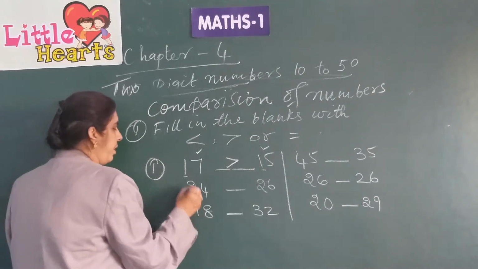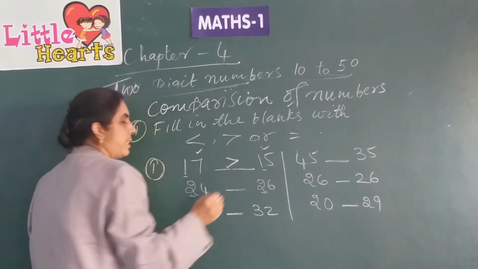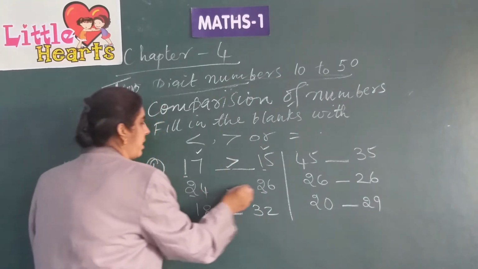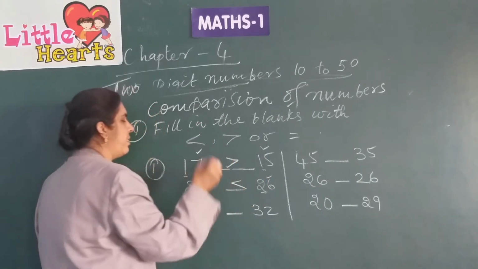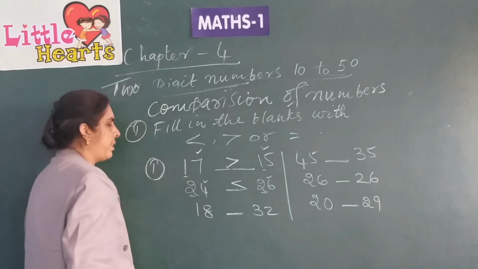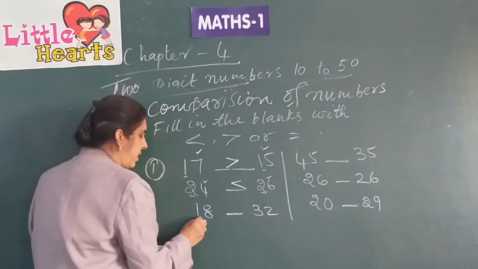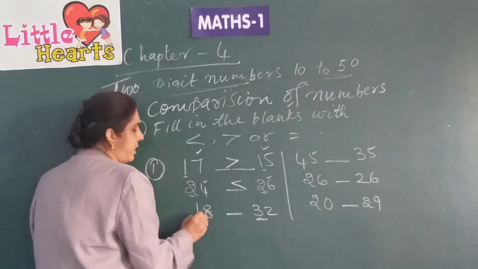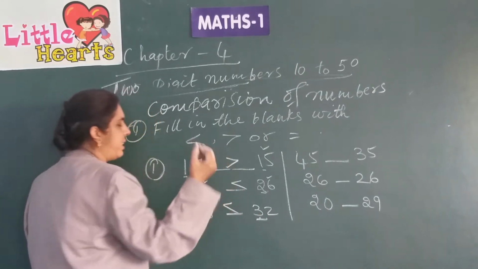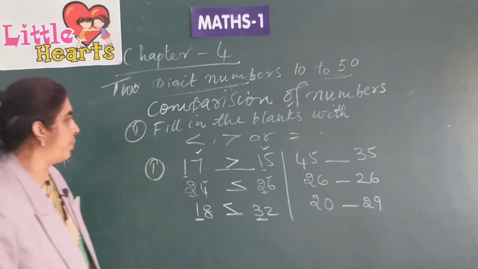Here also, tens digits are the same, compare 4 and 6. 4 is less than 6, so 24 less than 26. Here compare tens place digits 1 and 3. 1 is less than 3, so 18 less than 32.